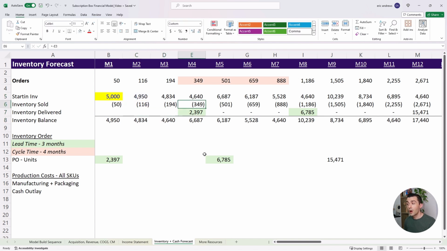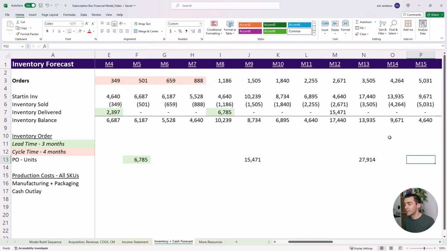Our new inventory that we ordered in month 1 doesn't arrive until month 4. Then that inventory arrives, and that gets added back to our total. And then we are selling through orders, selling through orders, selling through orders. Then we make another inventory purchase order in month 5, but that arrives in month 8. So here you can see that we have the same strategy. Every 4 months, we try to put in a PO.